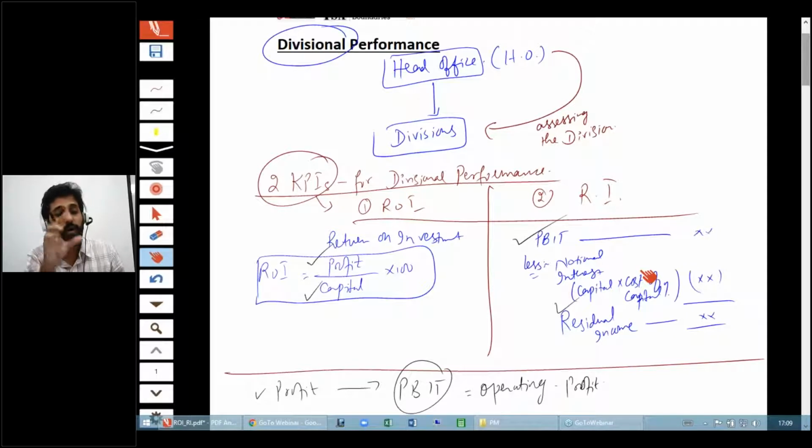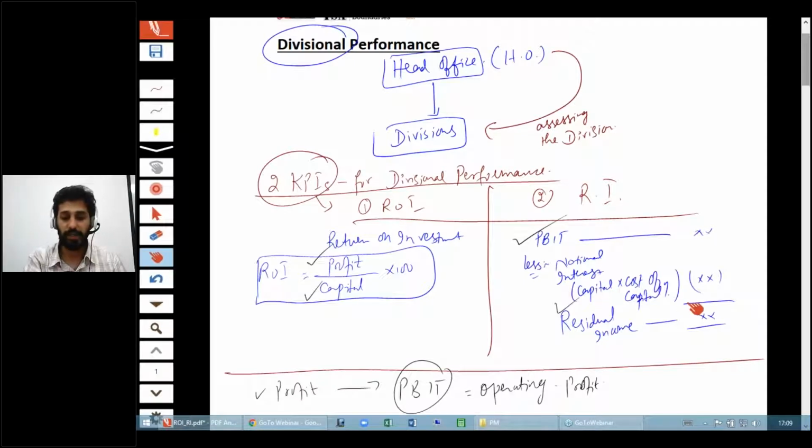Now I am arguing, what if I might have borrowed it from someone? Then there is the attached cost of capital.